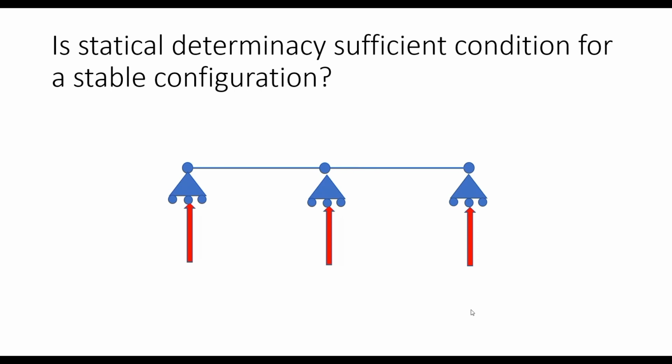However, all the supports being rollers, if the structure is given a slight push in the horizontal direction, the structure would move horizontally. So this system is not a stable configuration for the general system of coplanar forces, even though the structure is statically determinate. So, though determinacy is a necessary condition for equilibrium, it is not a sufficient condition. The reactions in a statically determinate system need to be properly configured to form a stable configuration.